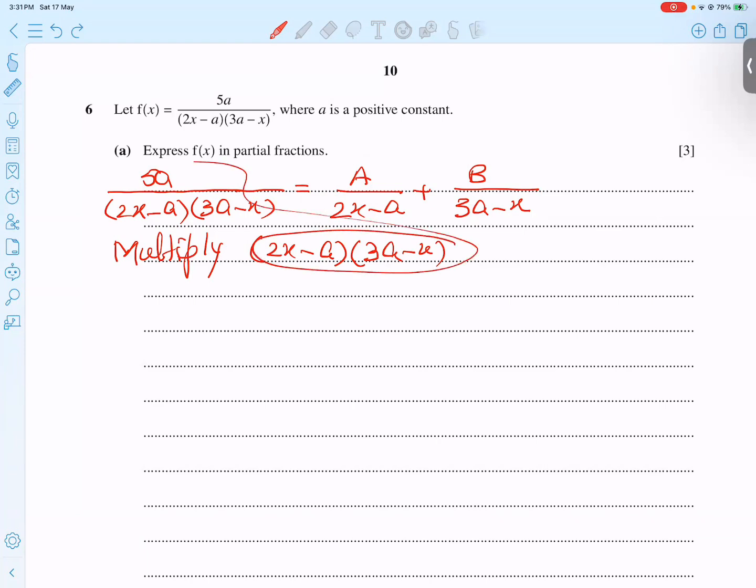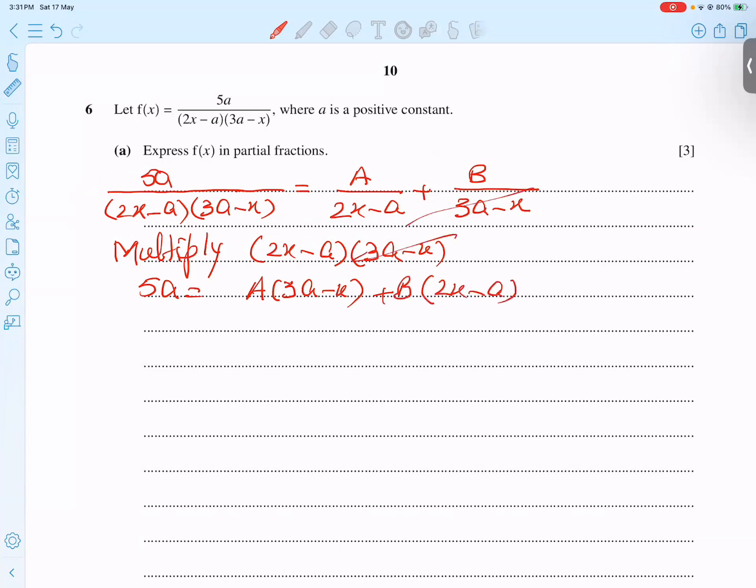So when I multiply with this factor, this completely cancels and I will get 5a. When I multiply with this factor, this cancels, and this stays beside of A. Afterwards, this one, because this cancels, so this stays beside of B.